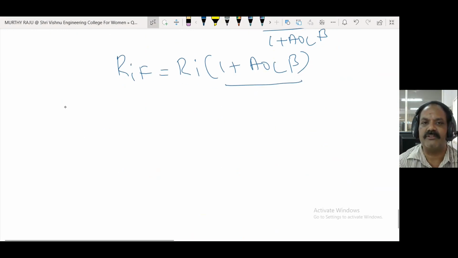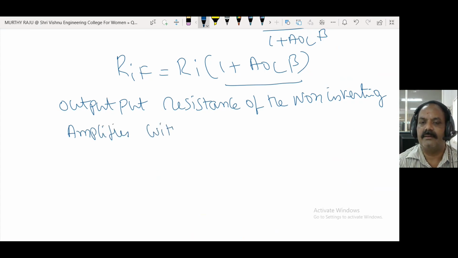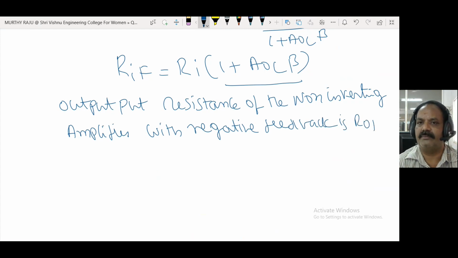Next, again, output resistance. Output resistance of the non-inverting amplifier with the negative feedback. Negative feedback is R1.